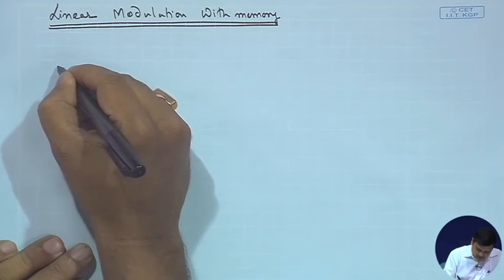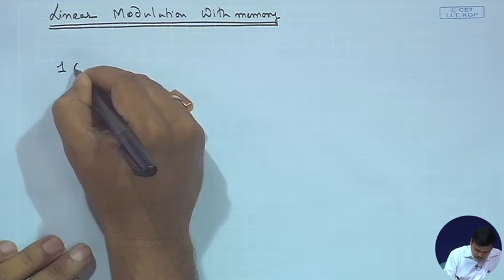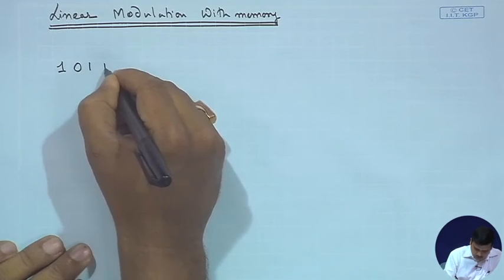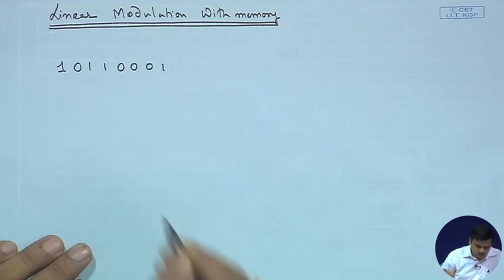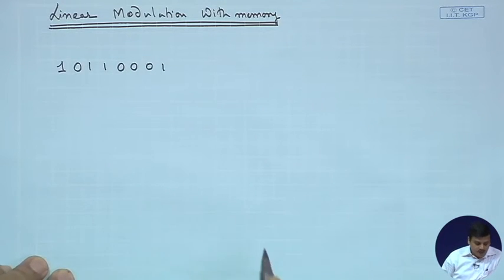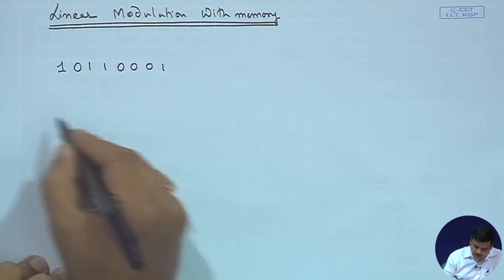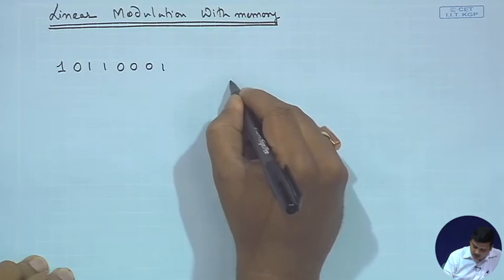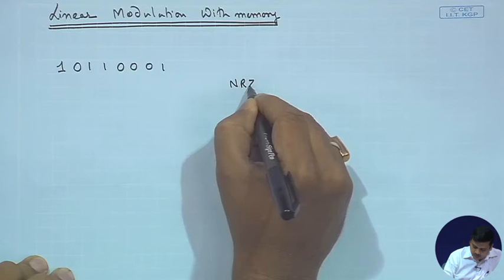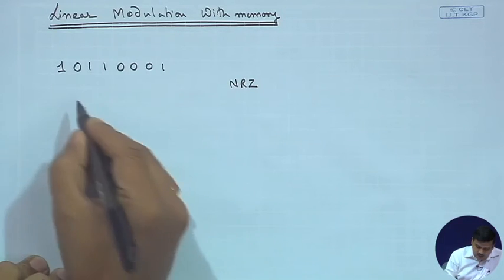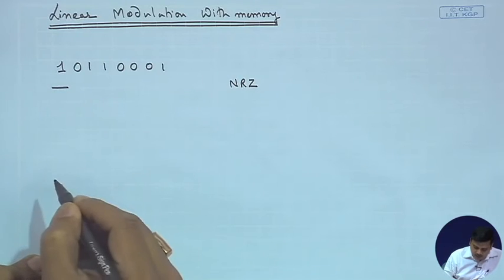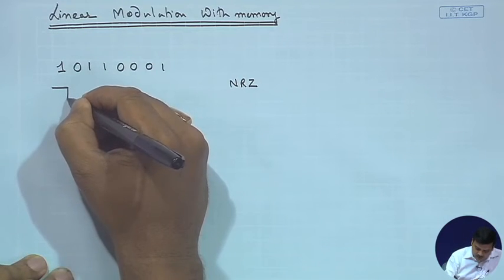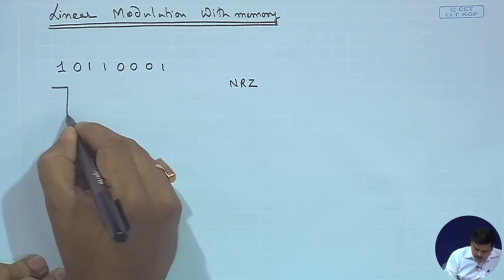So, suppose we have a bit sequence like this, and if you are doing NRZ, that means non return to 0 signaling, that would require whenever there is a 1, you send a high amplitude, whenever there is a 0, you send the negative amplitude.